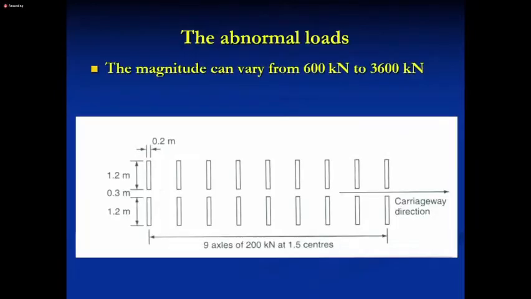The abnormal vehicle can have a weight between 600 kilonewtons to 3,600 kilonewtons. So it can be of different weights, 60 tons to 360 ton abnormal vehicle.